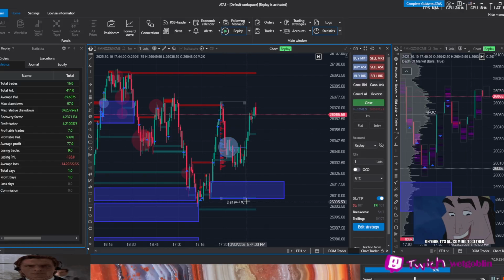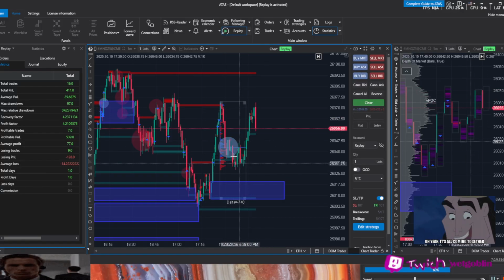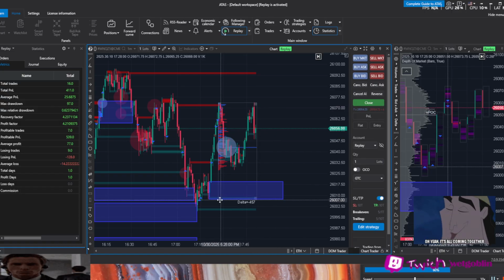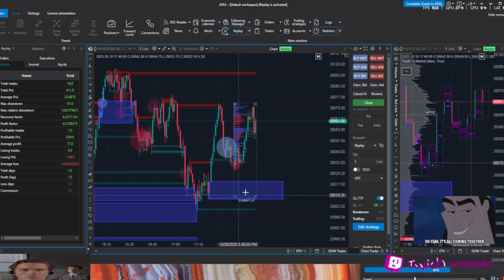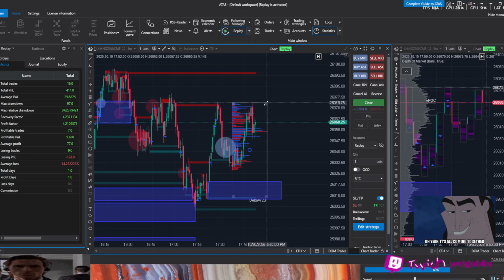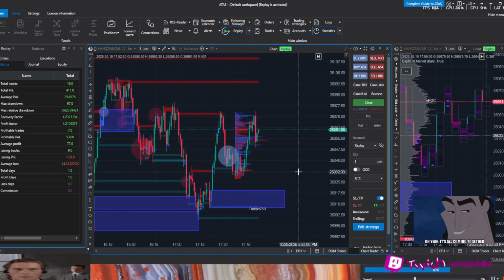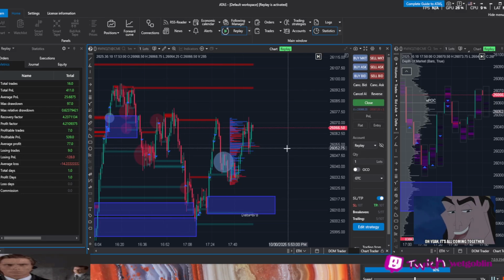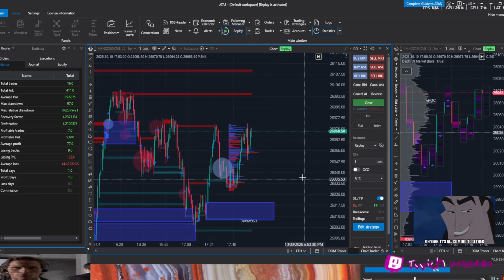That would have been a good spot to go long. Okay, we're back up here again. Catching a little bit of an offer up there, but more passive buyers looks like maybe coming in there.